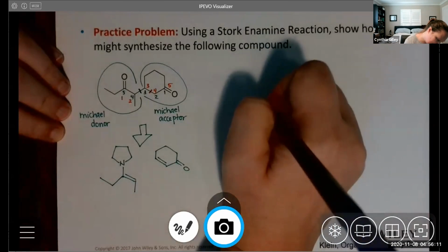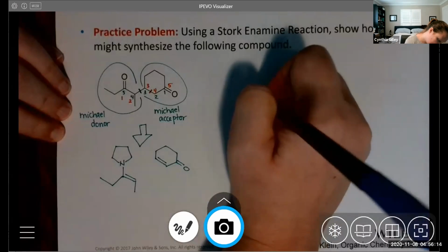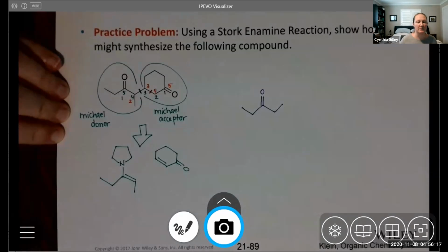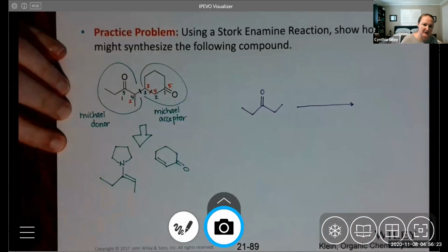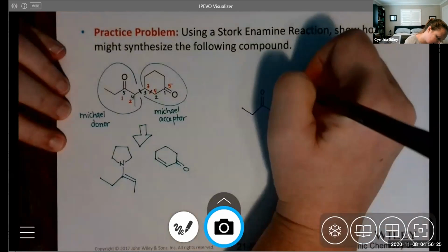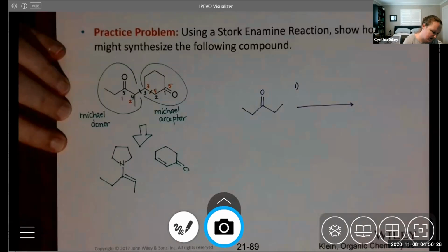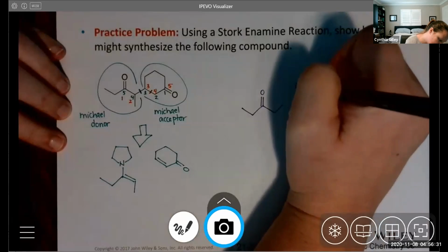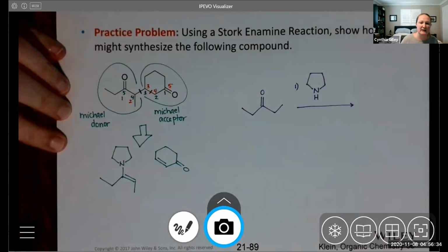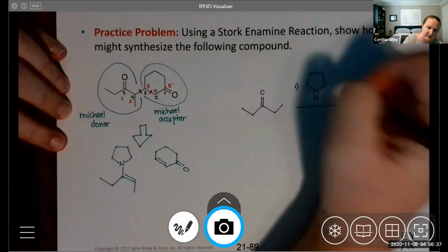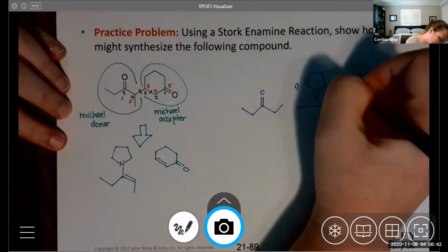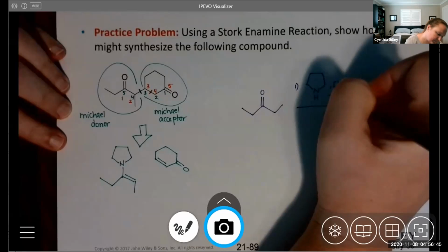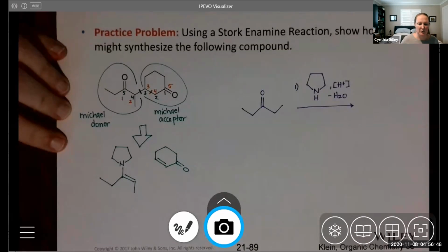Simplifying that enamine down to a ketone, we end up with pentanone. And we're going to do our 3 steps to form the product. The first step is formation of the enamine with a secondary amine. I chose to use pyrrolidine as my secondary amine, and you could use other secondary amines though, it doesn't matter. Again, this is typically an acid catalyzed reaction that we drive the water out of to favor the equilibrium of the product.